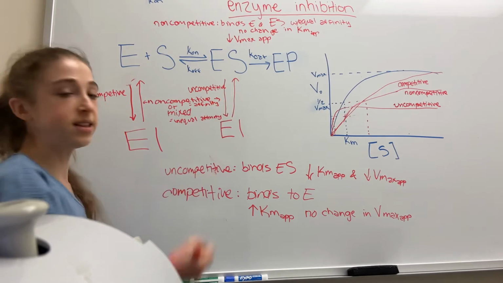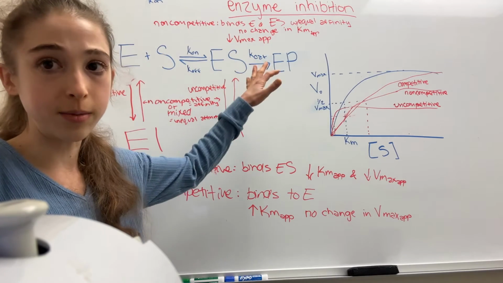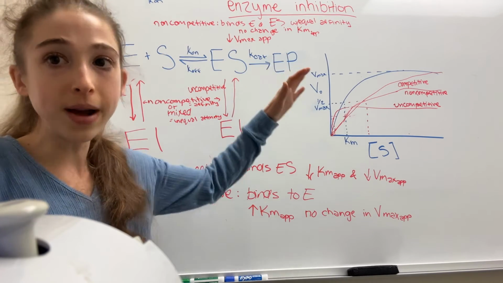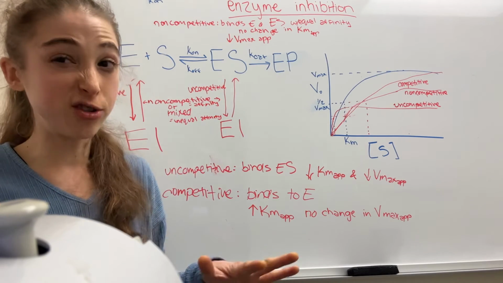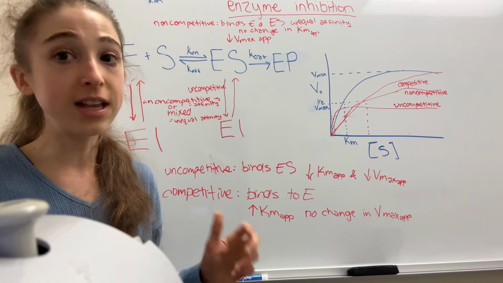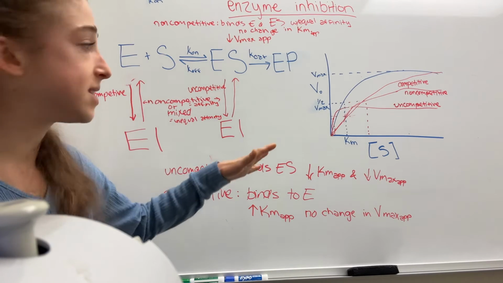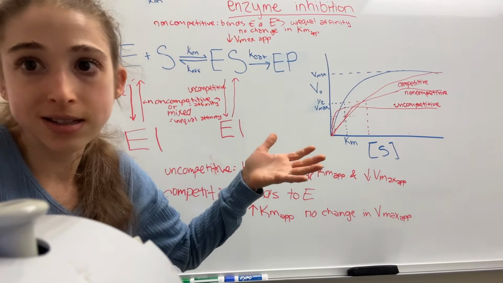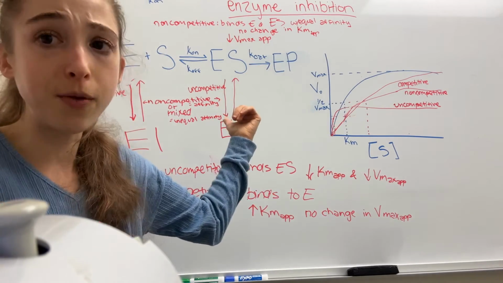So it will bind to the enzyme in its free form or in the enzyme substrate complex, but it prefers one of them. So here things get tricky when we're trying to determine what's going to happen to our Km apparent and our Vmax apparent. For the Vmax apparent, that's not going to be tricky. It's just going to go down, similarly to what we had before.